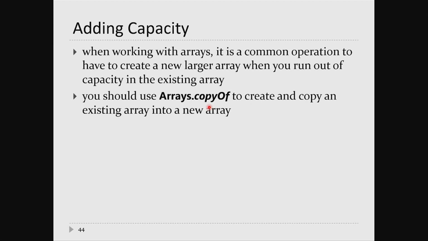The copy will have only the first 5 elements. If you try to copy an array of size 10 into an array of size 20, then the first 10 elements in the array of size 20 will be the elements from the first array, and the rest of the elements will be whatever their default value is. So if you have to do something like this, just use copyOf.